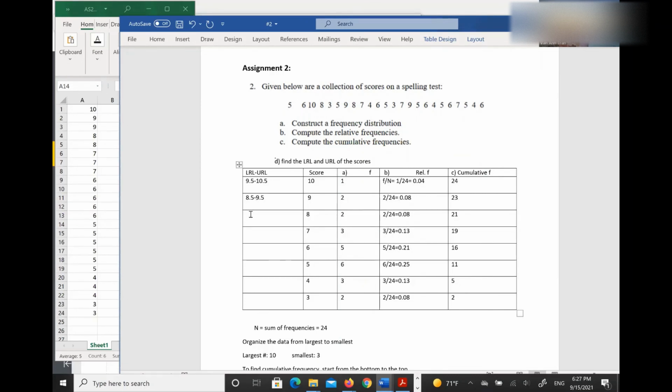What are the limits of the next one, of number 8, everyone? What are the limits of the score 8? All right, so it should be 7.5 to 8.5, right?